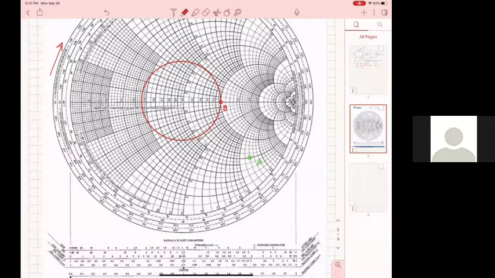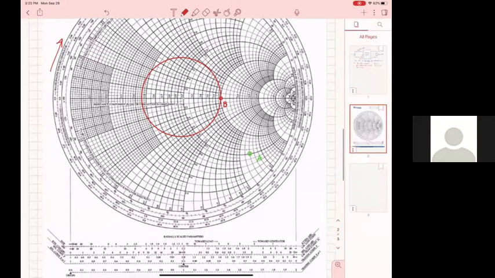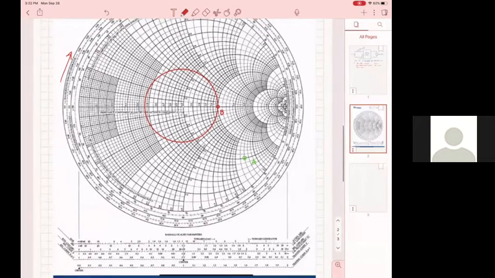All right, so practically, if I go like that, I will go from B to this point, which shares the same resistive part with A. So I went from B to say C, an intermediate point.